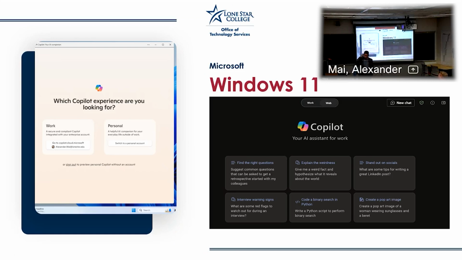If you use Copilot now, you can go to Office 365 and sign in, or you can click the Copilot button and it's going to ask you to sign in. When you sign in with your Lone Star account, you're going to be prompted: is this work or is this personal? With work, it handles things a little differently.